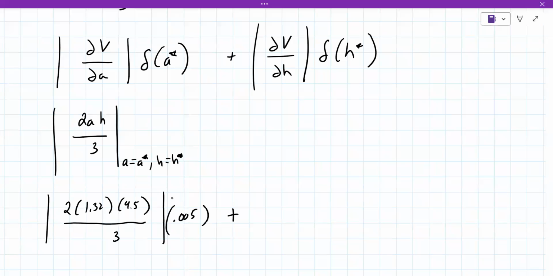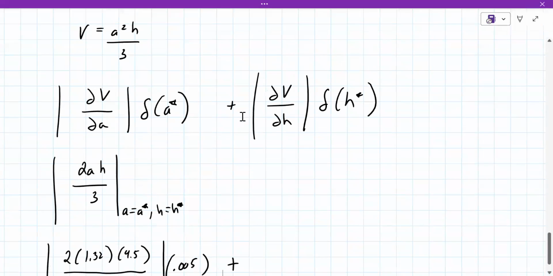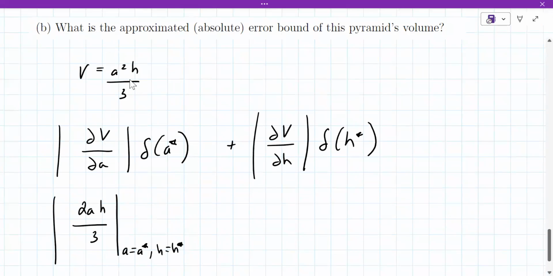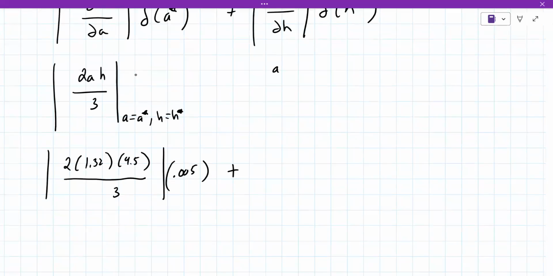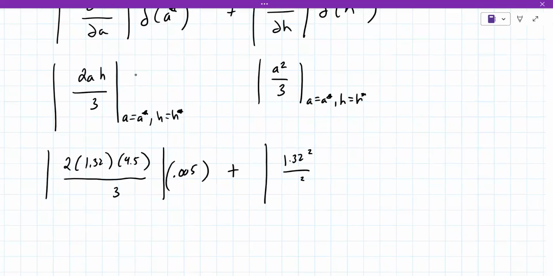Plus, now you have to take a derivative of this with respect to H. The derivative with respect to H is just 1, so it's A squared over 3, but again, you have to evaluate it at H equals H star. So in this problem, it's just 1.32 squared over 3 times 0.0005.